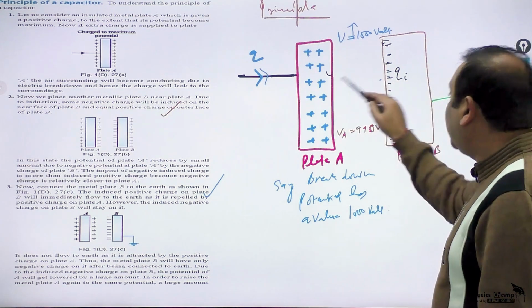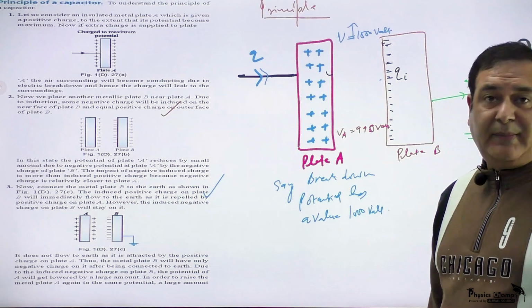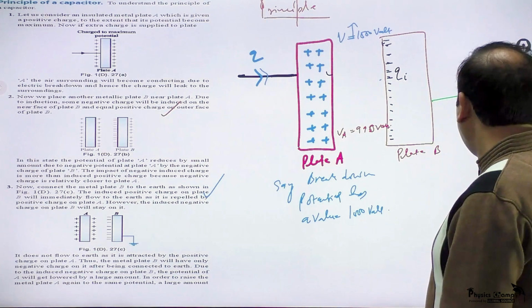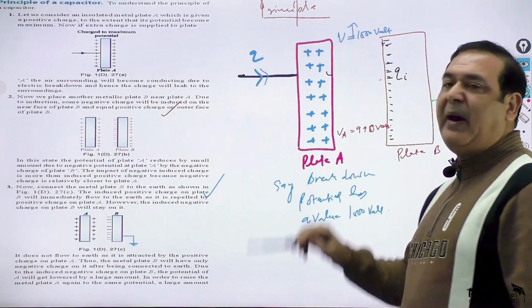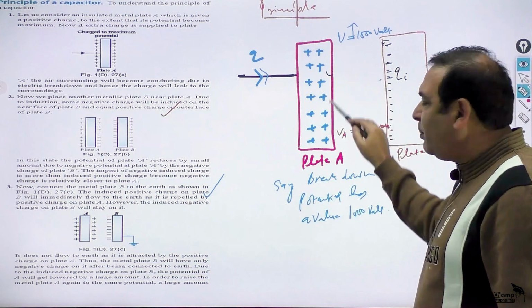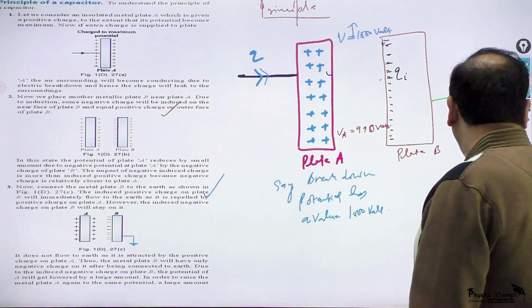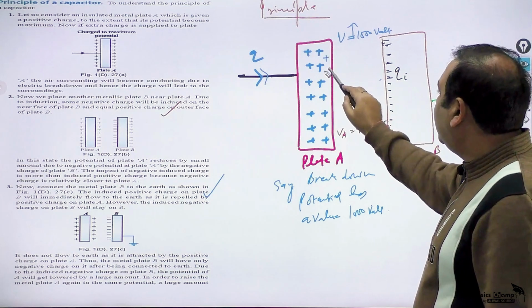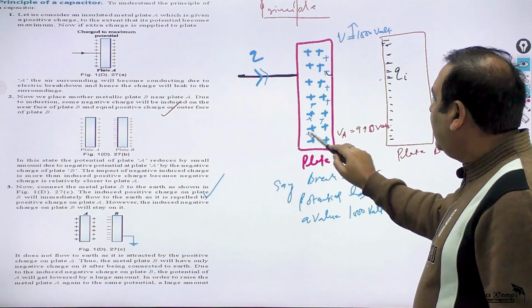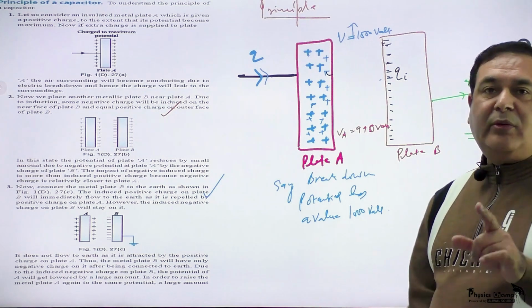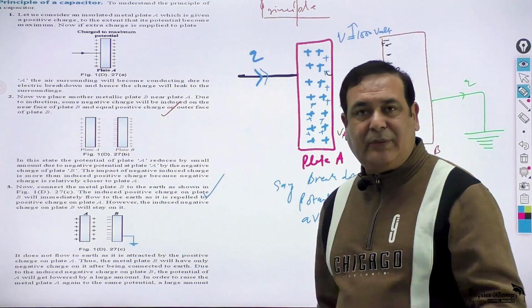So there will be a further reduction of the potential of plate A. So by earthing the other side, the advantage is that you have more impact of reduced potential here, and thus its capacitance is increased further. So you can supply more charge than usually you can supply due to the limit of electric breakdown.